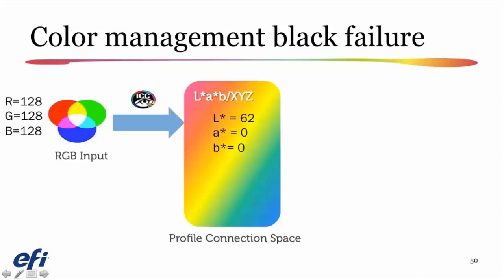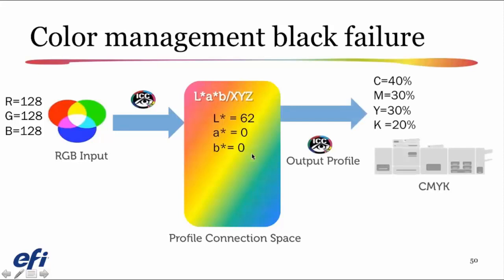Maybe it's something like 62 in the L-star channel, 0 in A, and 0 in B, since we have a perfectly neutral color. When I take the Lab combination 62, 0, 0 through the output profile, it thinks that I want to print a mid-tone gray.